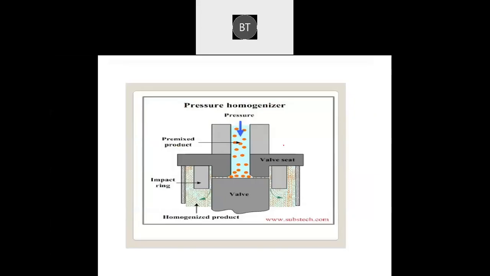You can see here, this is the pressure, these are your cells, and this is that small orifice through which they come out. When they come out, you get the homogenized particles. See, the particles are all so small. The cell destruction has happened because of the high pressure you are applying.